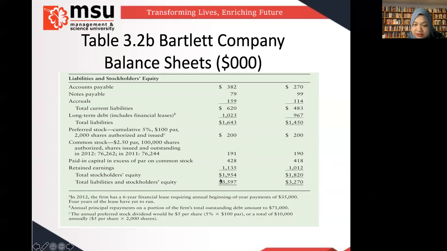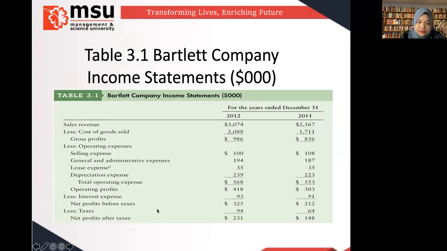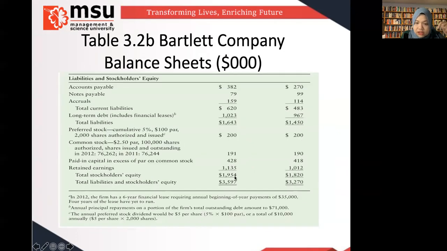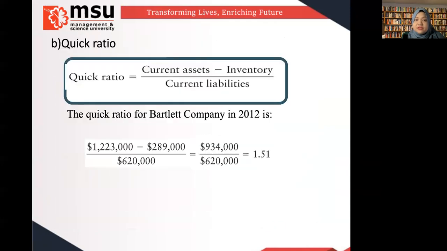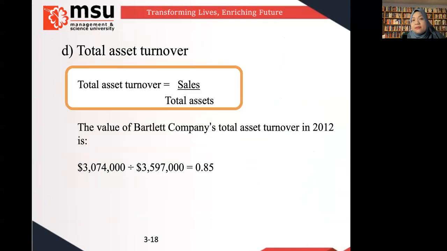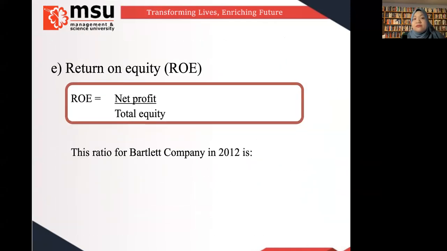Then you will get this equity. So net profit 231 divided by total equity 1945. So the answer will be in percentage lah. So the higher the number, the better the performance of the company.